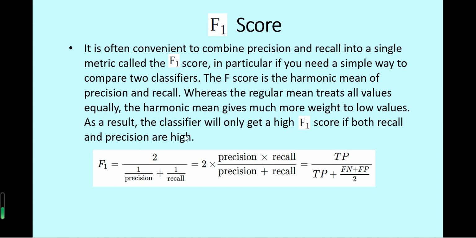As a result, the classifier will only get a high F1 score if both recall and precision are high. So F1 can be calculated as 2 divided by the inverse of precision plus the inverse of the recall. Actually, this is the true positive in the numerator and the true positive plus half of the false negative and false positive in the denominator.